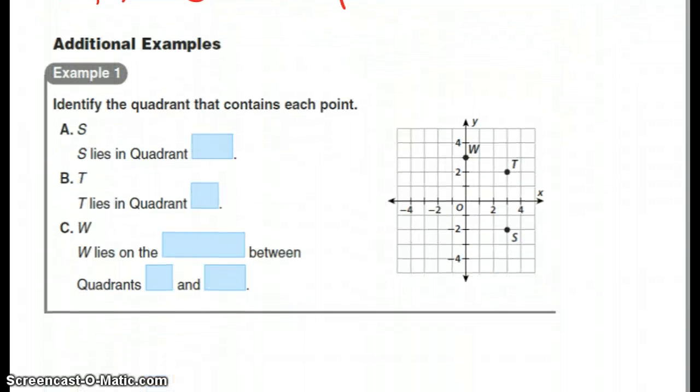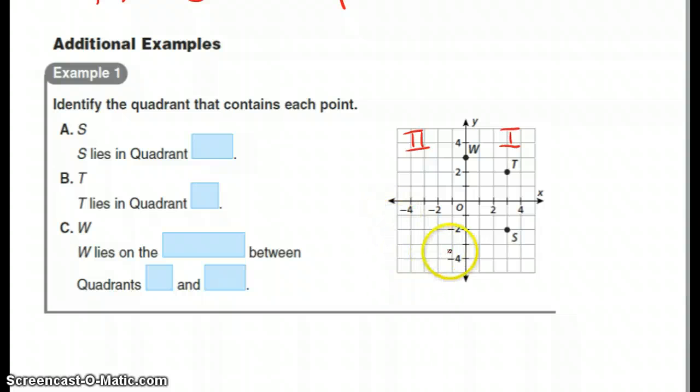Now, let's do some examples. Let's identify the quadrant that contains each point. So I am going to come over here and label my quadrants. Again, it starts over here in all positive territory.